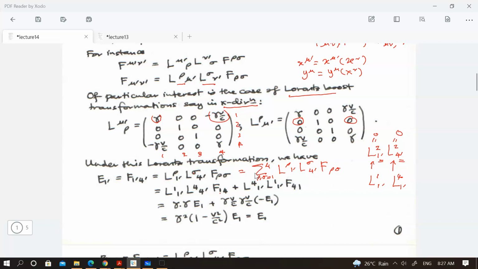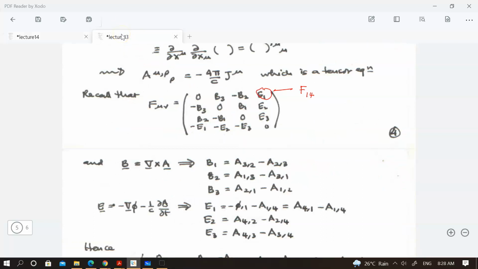So now we plug in what this is supposed to be. F14, remember, is your first component of your electric field, just like this one. But what is F41? Well, you can go back and check your previous matrix if you want to.